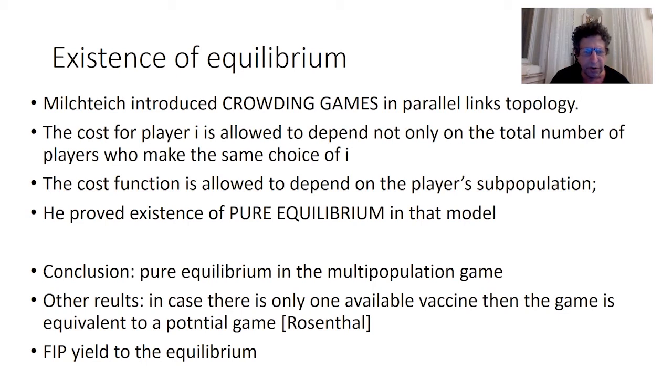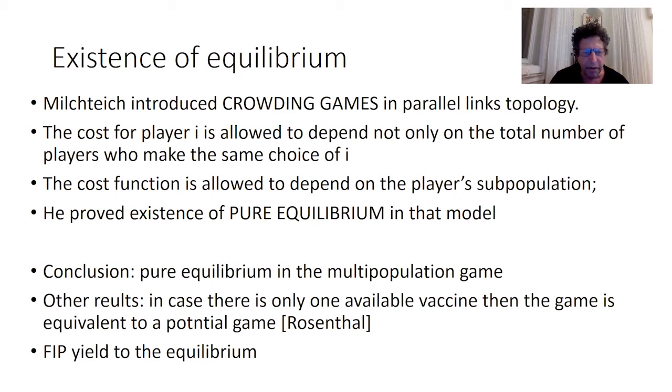In these games, he shows that there exists a pure equilibrium in that model. So the conclusion is that a pure equilibrium in the multipopulation game exists for the vaccine game.